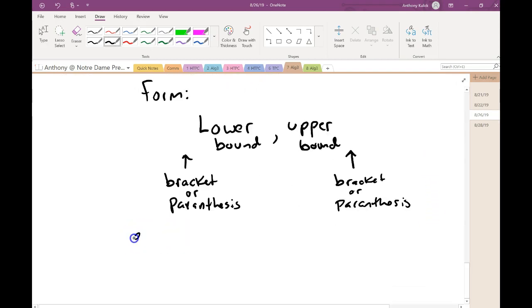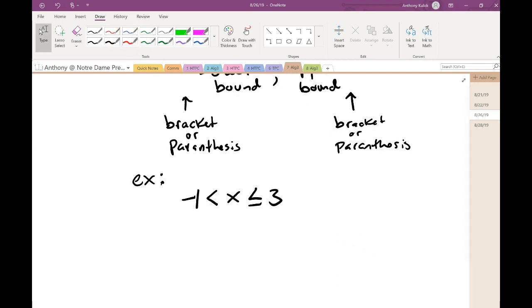So let's look at some examples of writing these interval notations. So let's say the set that I want to write is -1 less than x less than or equal to 3. So for this set of numbers, the lower bound is the smallest number that we're concerned with.